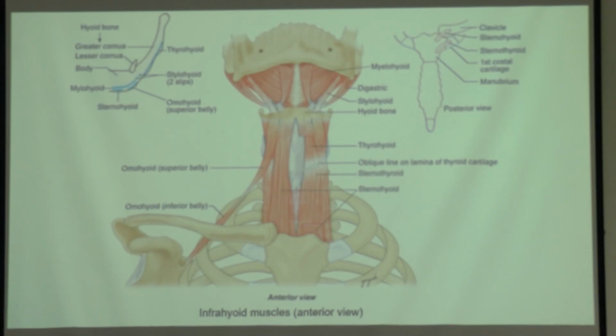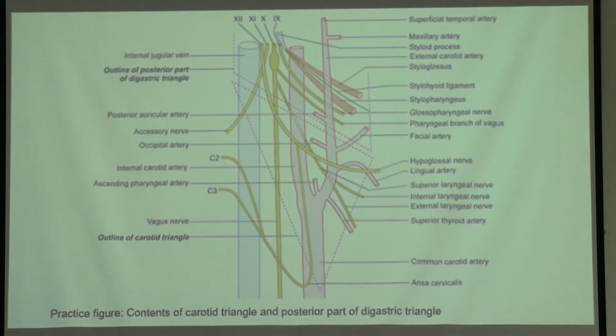All these muscles are infrahyoid muscles because they are below the hyoid bone, and remember, they are being supplied by this loop, which is called ansa cervicalis. So nature has provided this loop purposefully to supply all these muscles.